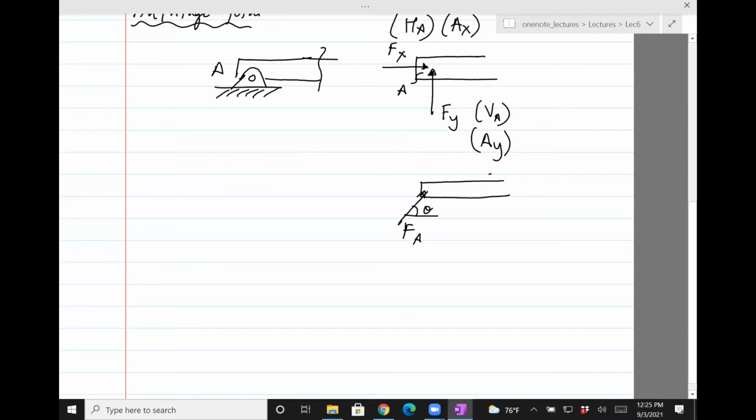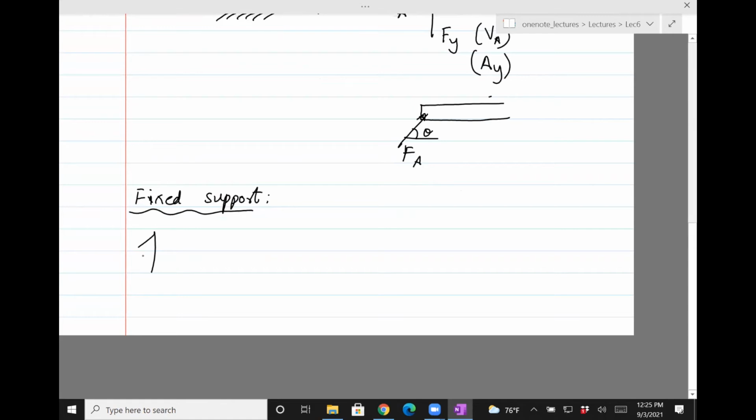And then the final one is the fixed support. That would be a cantilever beam, typically used, for example, in a bridge. It's shown in this way. The way you show the forces in the free body diagram is, you just cut it here.